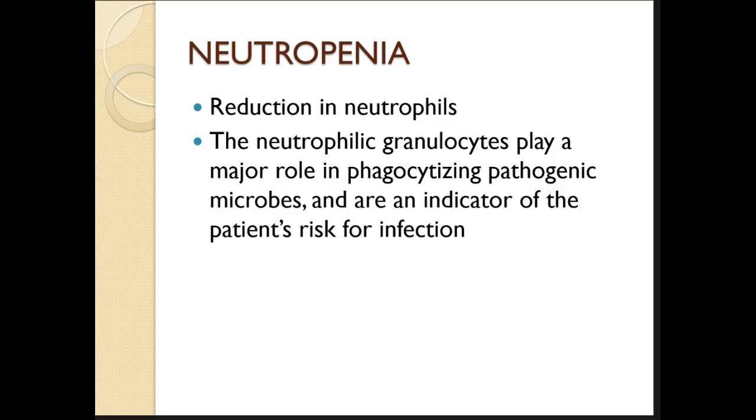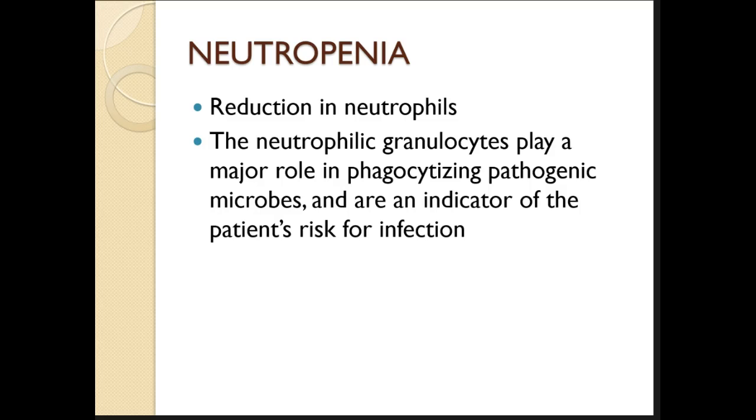A reduction in neutrophils is termed neutropenia. The absolute neutrophil count, known as the ANC, is determined by multiplying the total white blood cell count by the percentage of neutrophils.